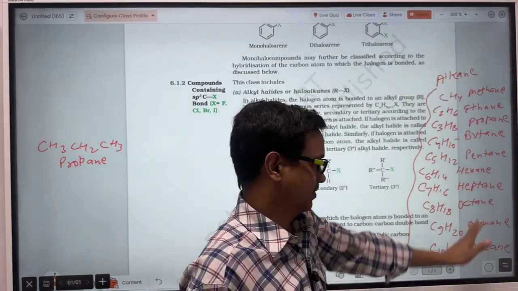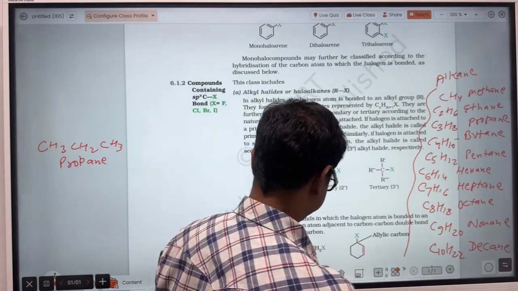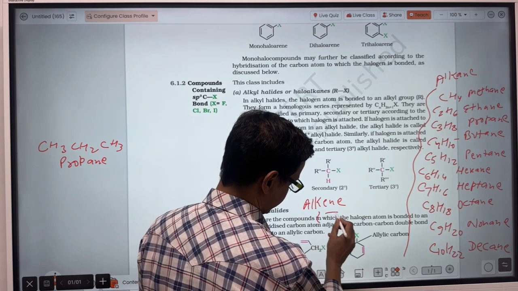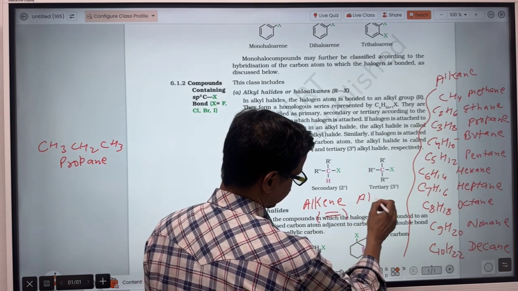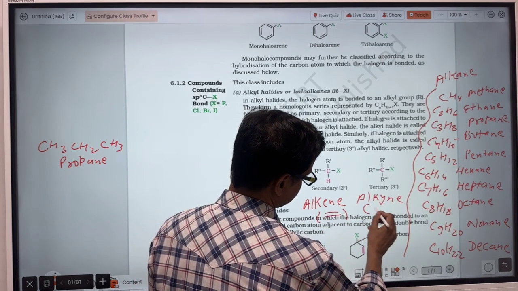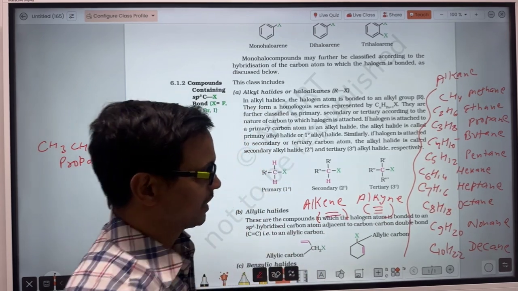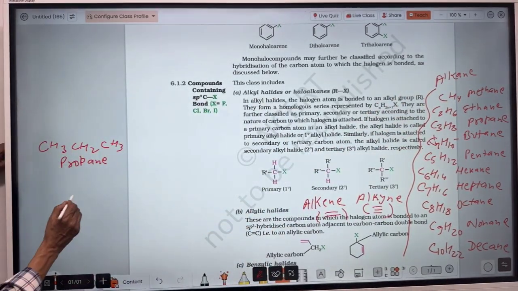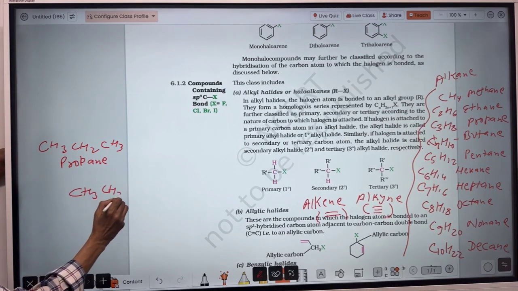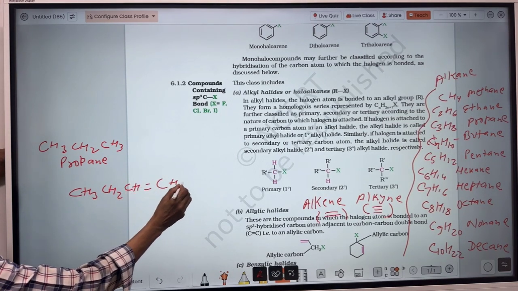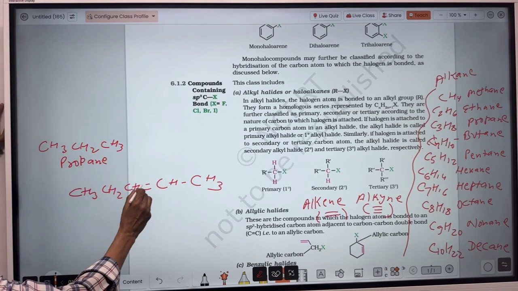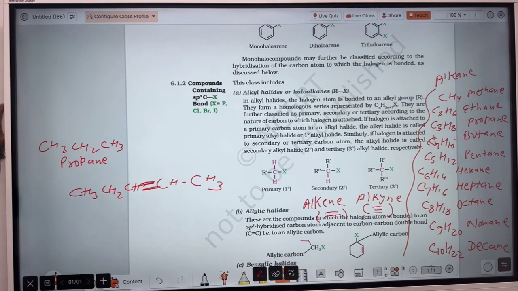When there is a double bond anywhere, that will be called alkene, and it will be called alkyne when there is a triple bond. Suppose this compound here has a double bond, so it will be called alkene.